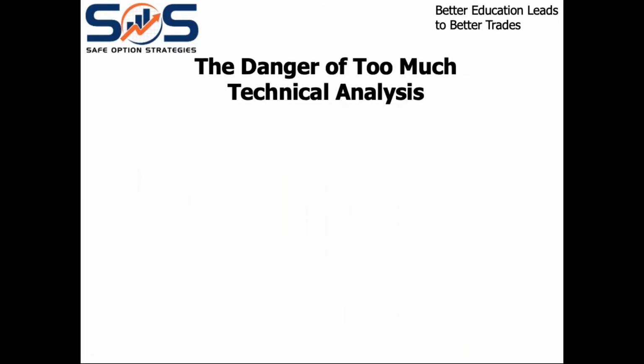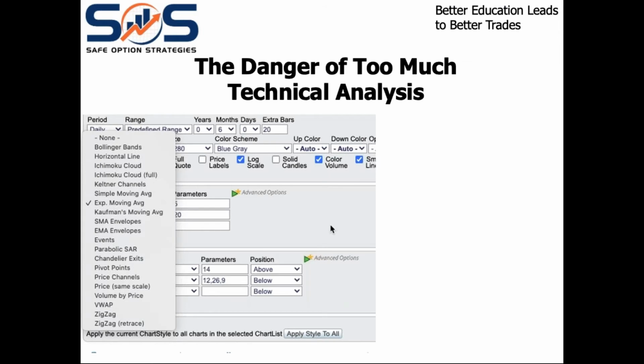Now let's talk about some other moving averages, but I'm going to do this in the context of the danger of too much analysis. When we moved away from this screen and we were on a live web browser, this pop-up did not come up. When I was setting up these charts, when I switched from the simple moving average to the exponential moving average, you didn't see the box.